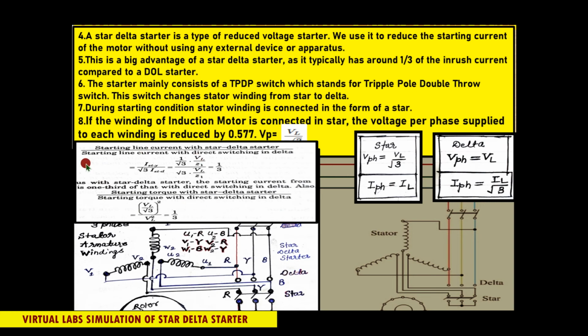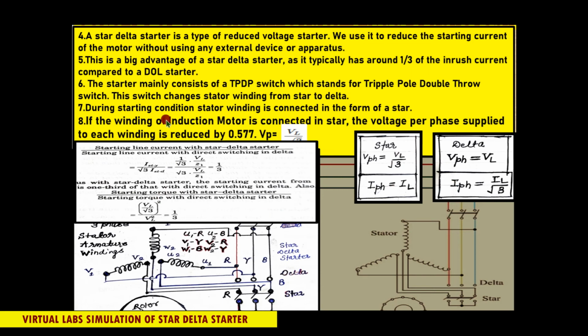This is the derivation, and it tells us that the starting line current with a star delta starter becomes 1/3 compared to direct switching in delta connection. Also the starting torque is reduced to 1/3.